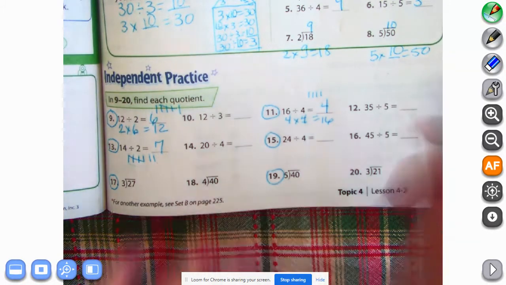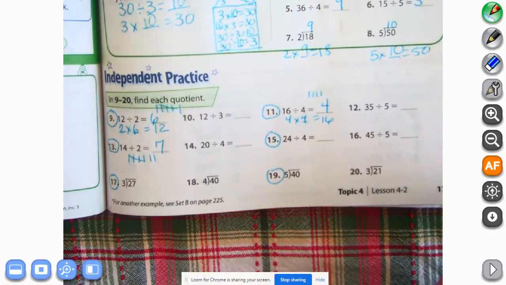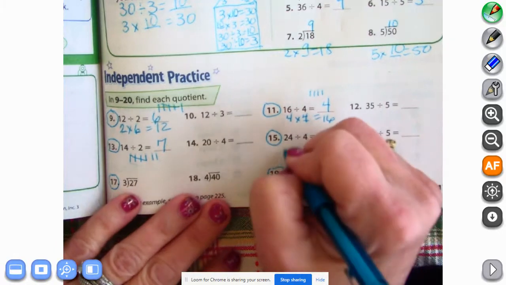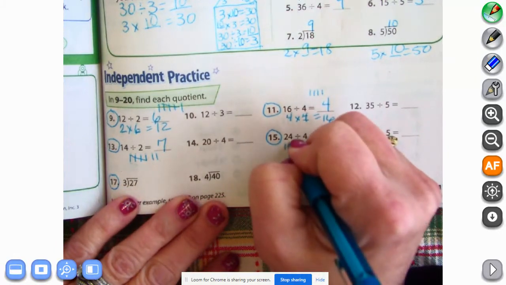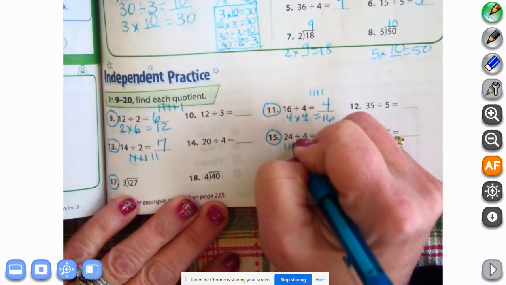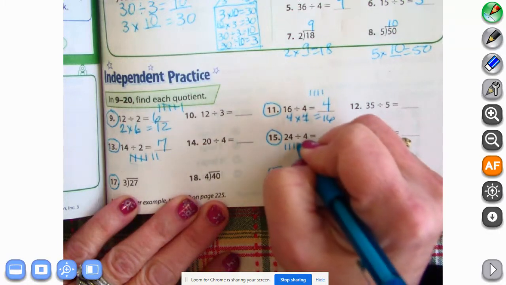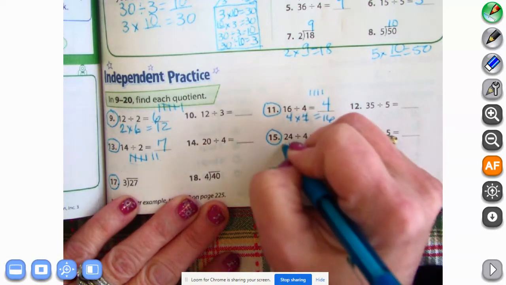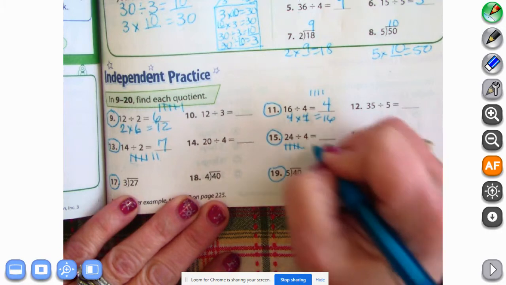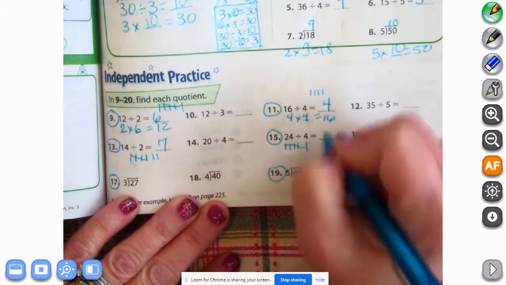All right. So if I have 4, it's the same as saying 4 times what is 24. I can skip count: 4 plus 4 is 8 plus 4 is 12 plus 4 is 16 plus 4 is 20 plus 4 is 24. So that's 6.